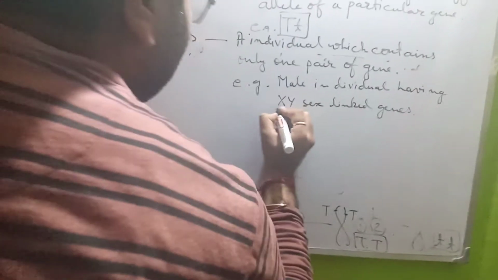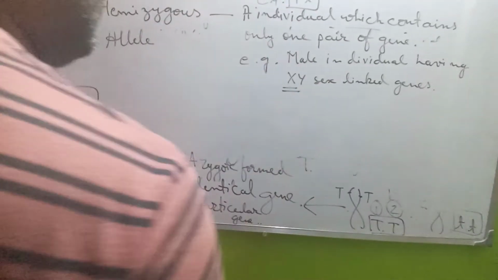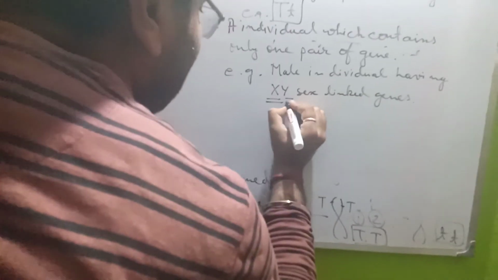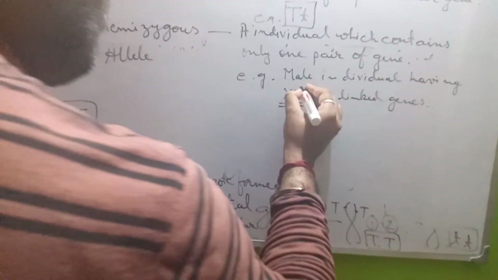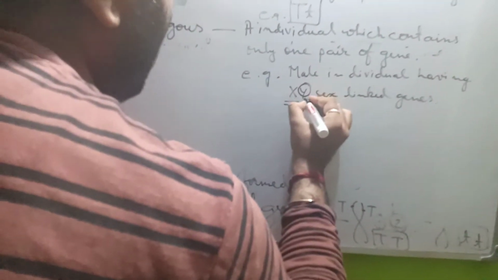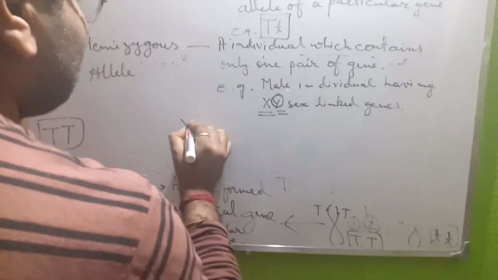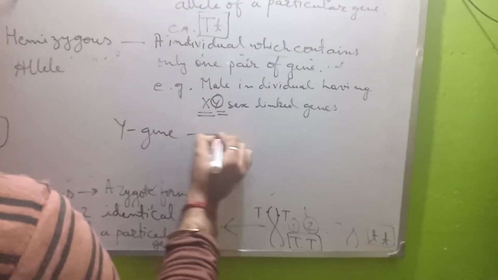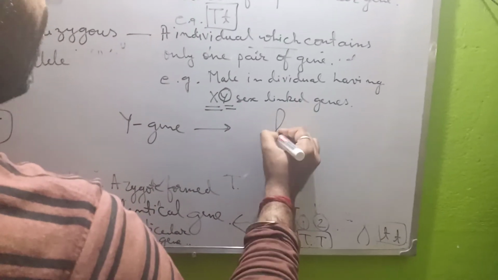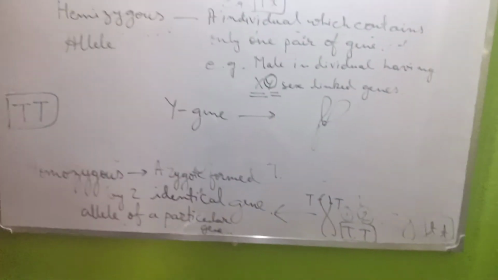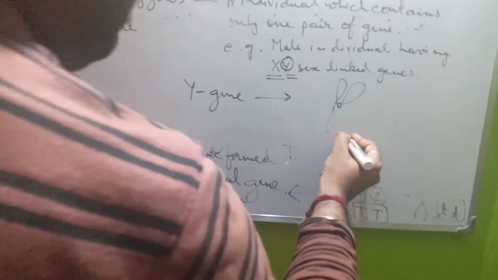So over here X is an allele and Y is an allele, but this Y allele is not totally a complete allele because the Y gene does not exist. It is that chromosome which is not having another chromatid. One chromatid is absent over here.